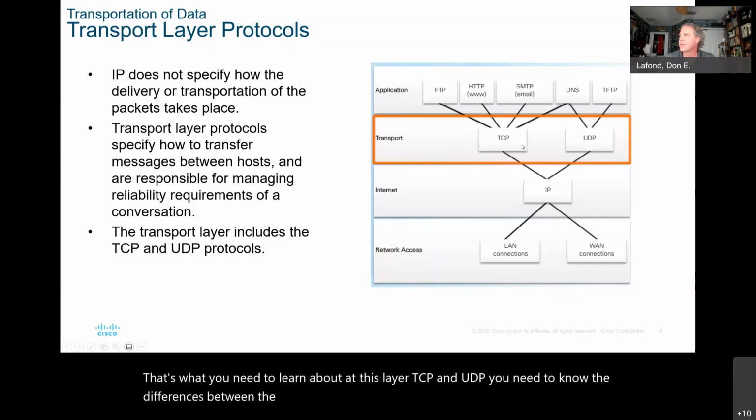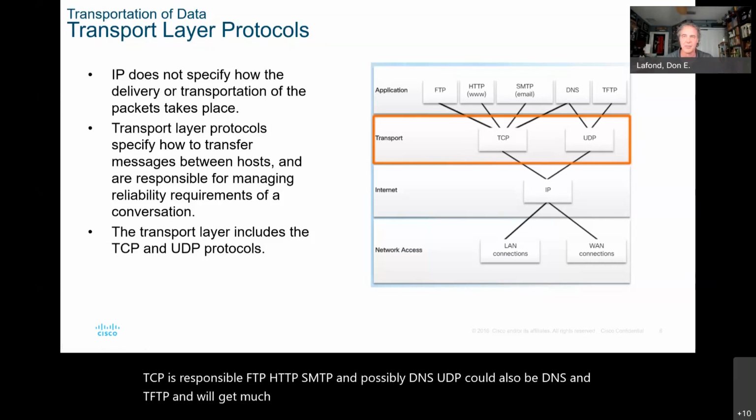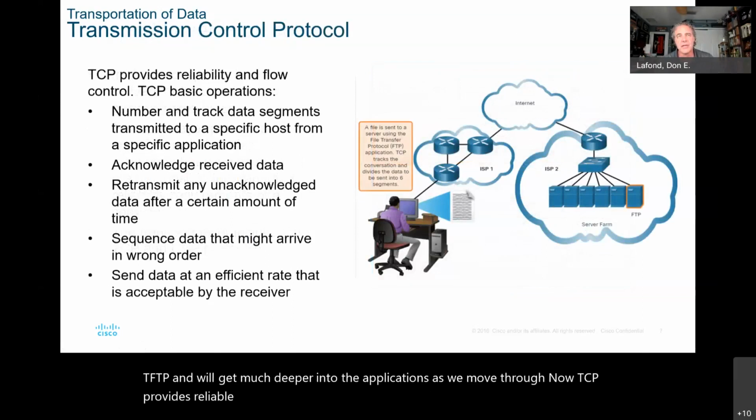Right here on this slide, it shows you that TCP is responsible for FTP, HTTP, SMTP, and possibly DNS. UDP could also be DNS and TFTP, and we'll get much deeper into the applications as we move through. Now, TCP provides reliability and flow control.